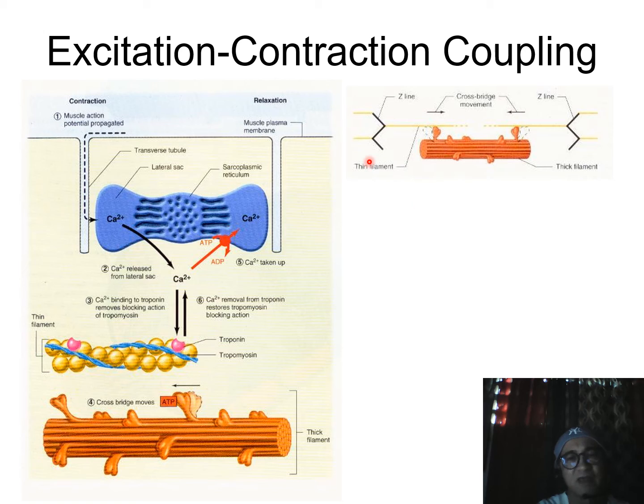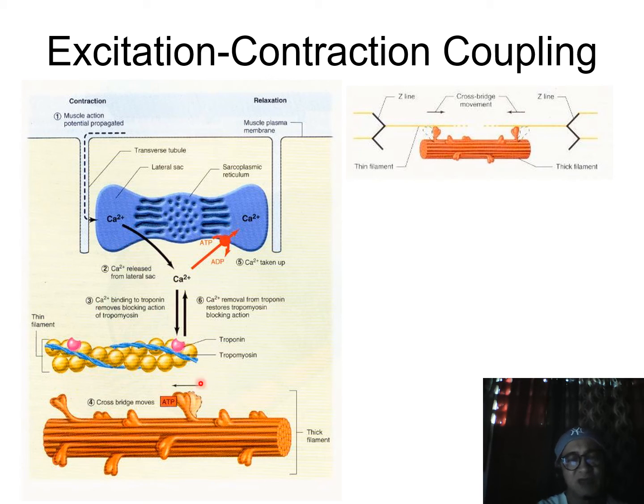Now, so that contraction of the entire muscle fiber happens, the excitation and waves of action potential that travel along the plasma membrane of the muscle cell must be coupled with the cross-bridge cycle mechanisms of muscle contraction.